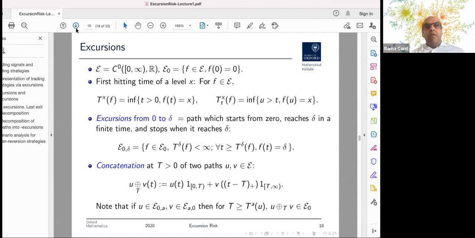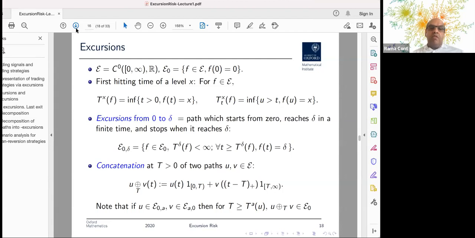So it means that the correct way to look at the path of the signal is to look at it in terms of these level crossing times. And so that's what I'm going to do now.